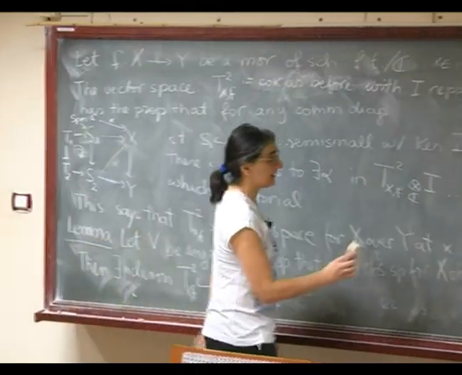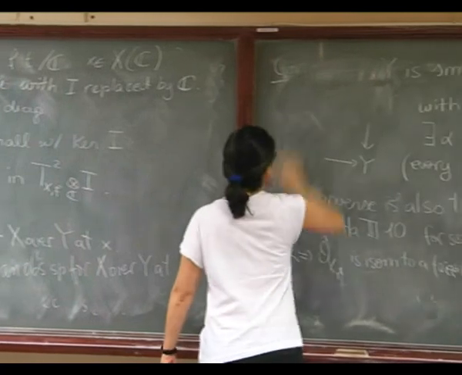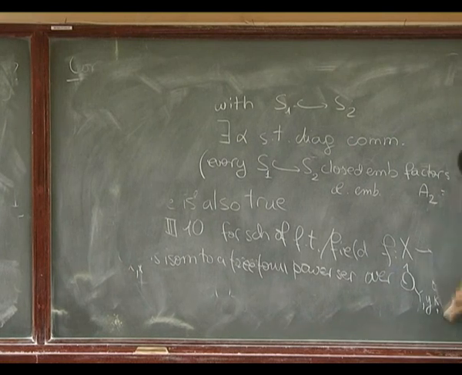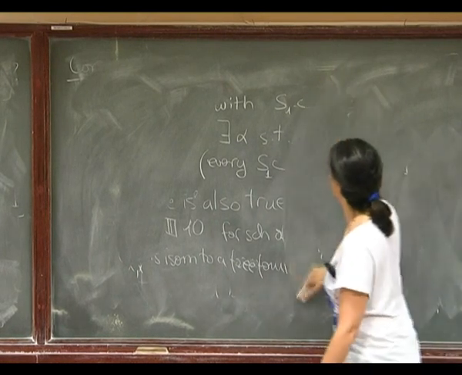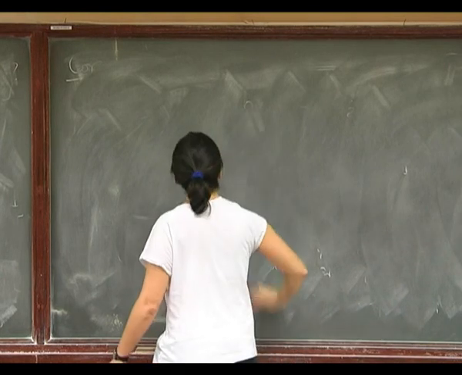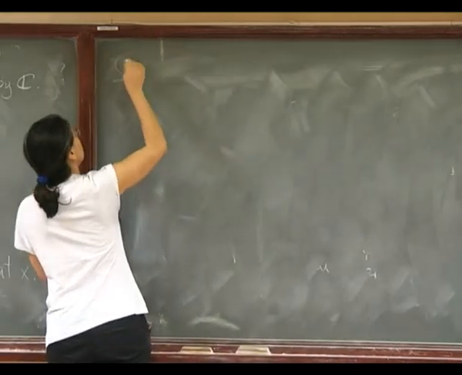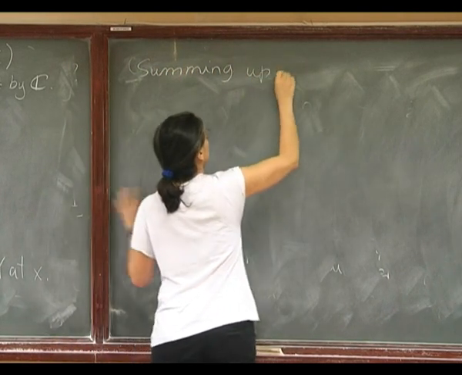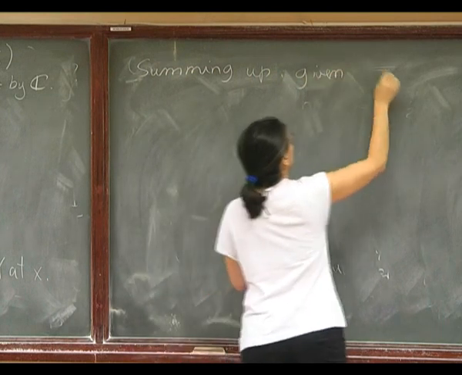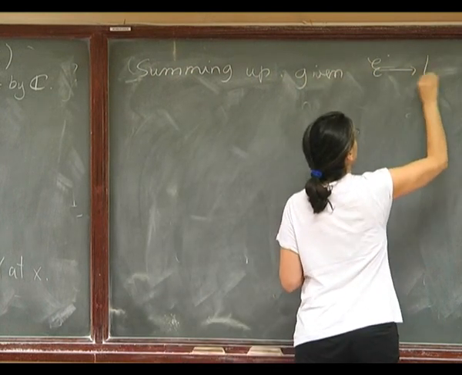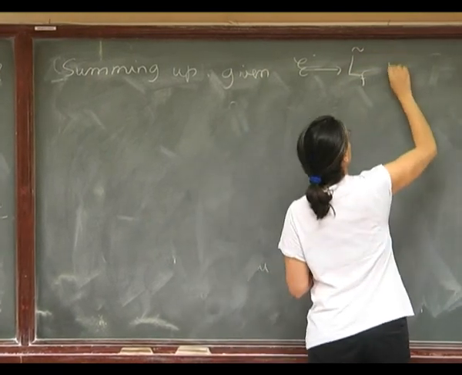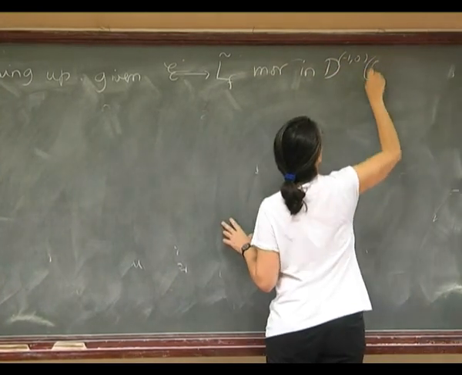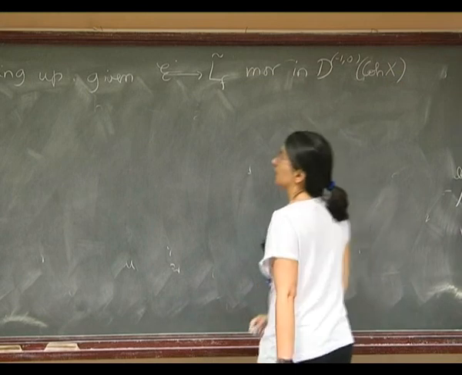So let me write the upshot. Summing up, given E dot in L3 dot F a morphism in p minus 1, 0, or x.